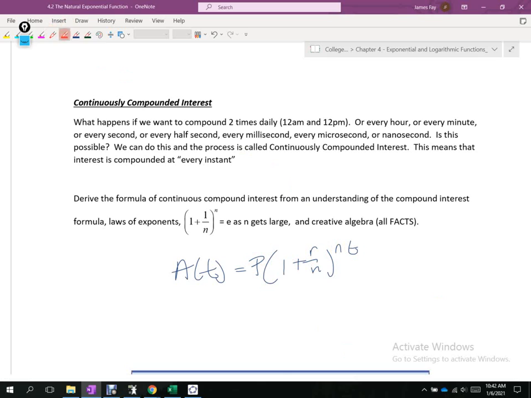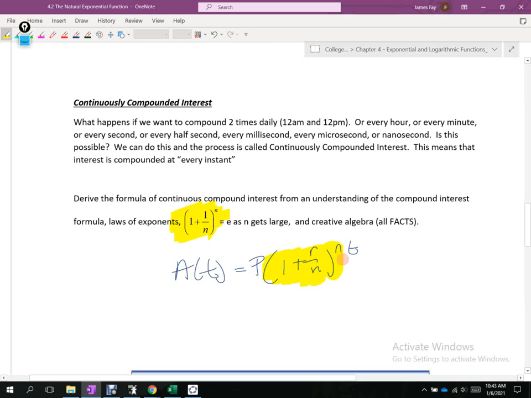Part of this formula, with some creative algebra, looks a lot like what Euler was looking at when he was investigating and finding e, doesn't it? Now it's different variables, r and n instead of 1 and n, but it's very similar.